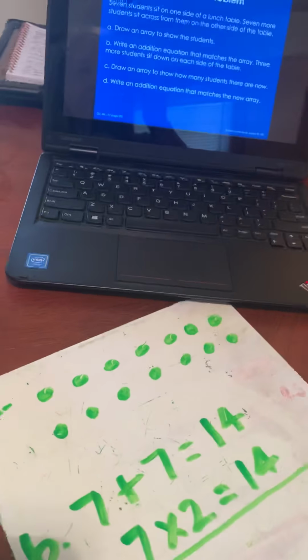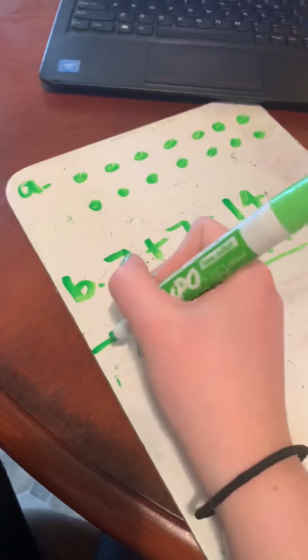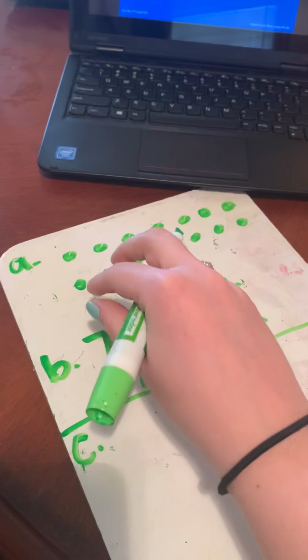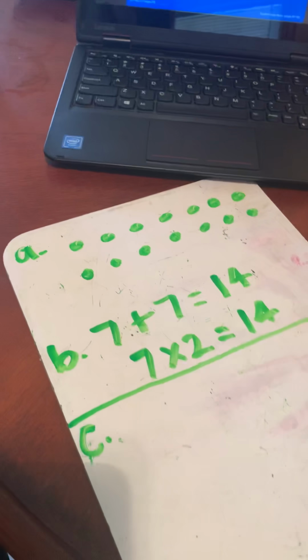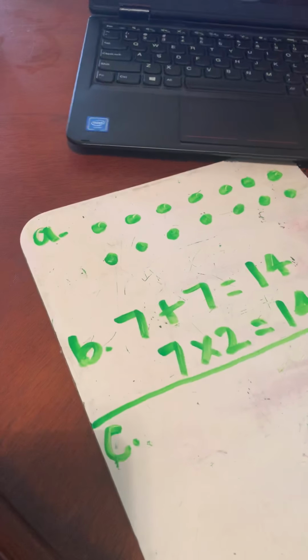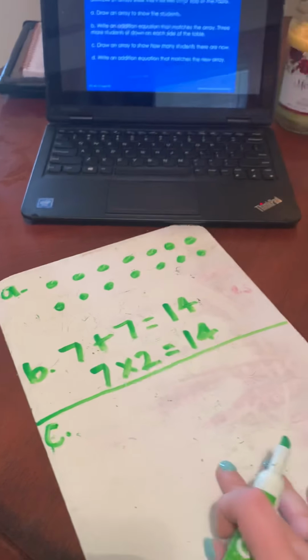I would say that even though that's written under letter B, I'm gonna put that with letter C. So I'm gonna put a little C right here. And I'm gonna go ahead and draw the original array with 7 students on each side before I add 3 more students. Just so I can kind of keep a good record of what's going on here, okay?